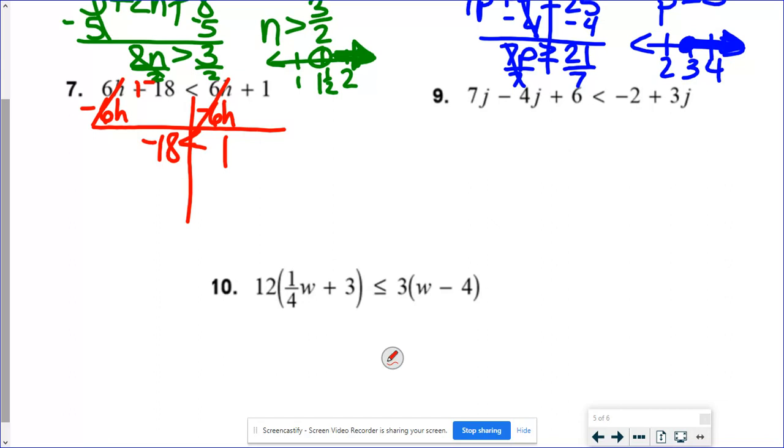A negative number is smaller than a positive number. But I don't have an important number for the center of my number line, because everything will work. No matter what you pick for the variable on this one, everything's going to work. So really, this is any real number.